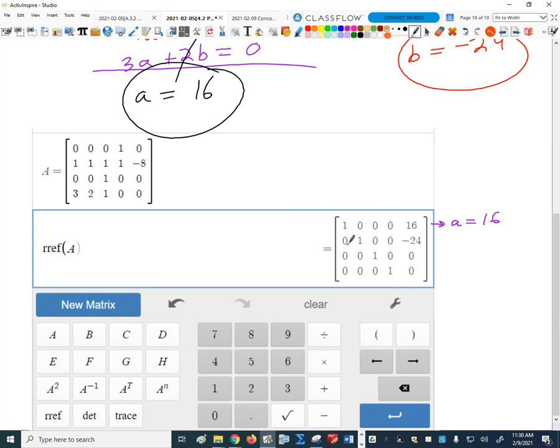How about this one? That's telling me 0A plus 1B plus 0C plus 0D equals -24. This one tells me that 1C equals 0. This one tells me that 1D equals 0. So there's all my solutions. Okay. Pretty slick, huh?